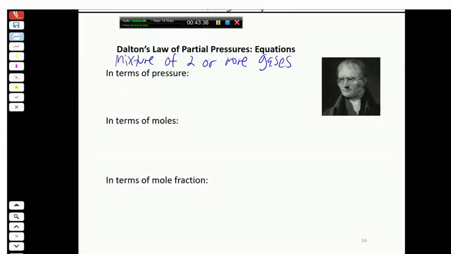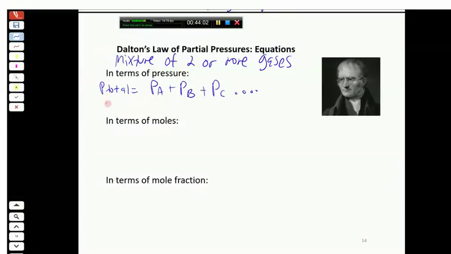So as we said, pressures are additive. If we have a mixture of two or more gases, and we know the individual pressures of the gases in the mixture, the total pressure is just the pressure of the first gas plus the pressure of the second gas plus the pressure of the third, however many gases we have mixed together. If we know all of their individual pressures, the sum of those will give us the total pressure of the mixture.